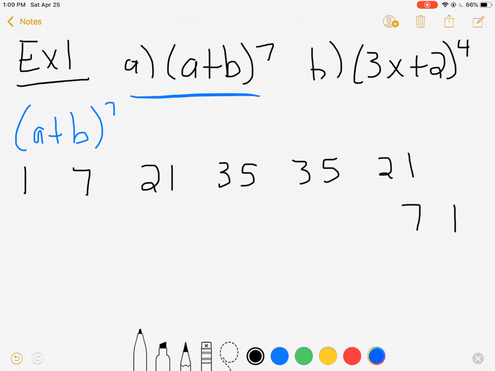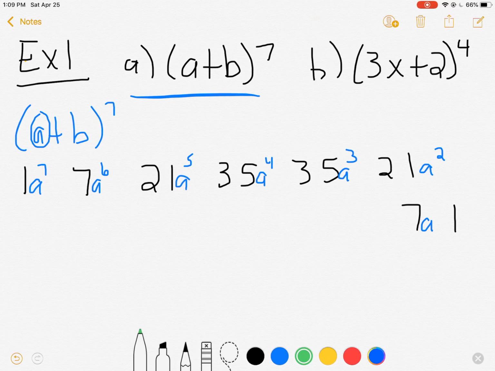And so I'm going to take this first term, and I say I walk it downstairs. I start here, and it'll be a to the 7th, a to the 6th, a to the 5th, a to the 4th, a to the 3rd, a to the 2nd, a to the first, no a.